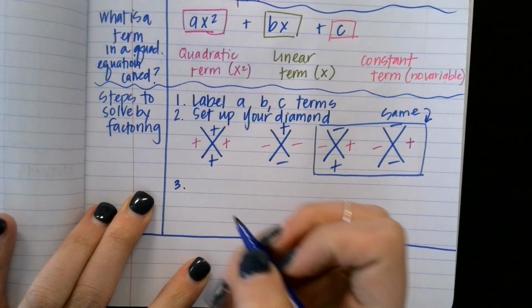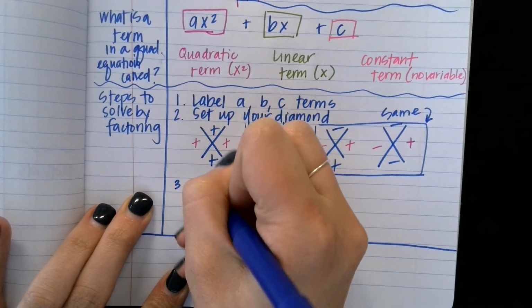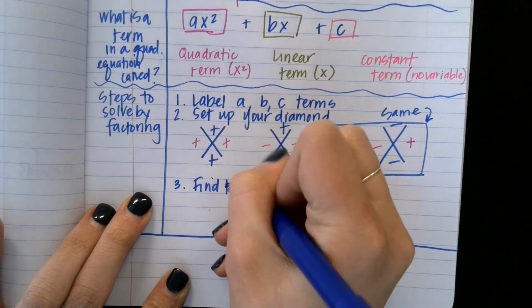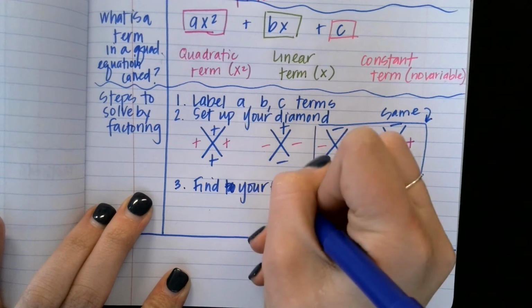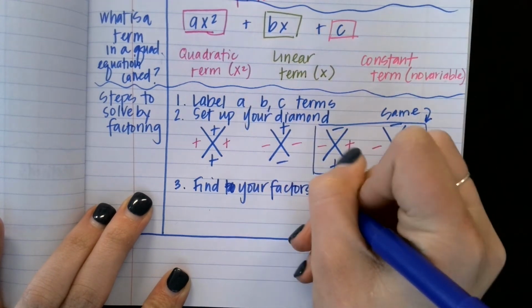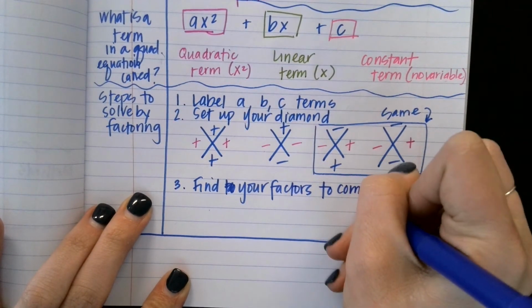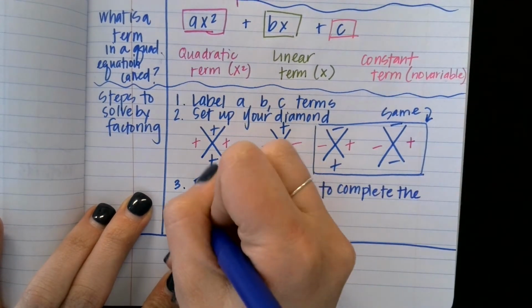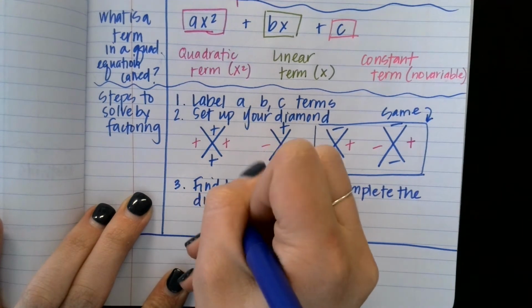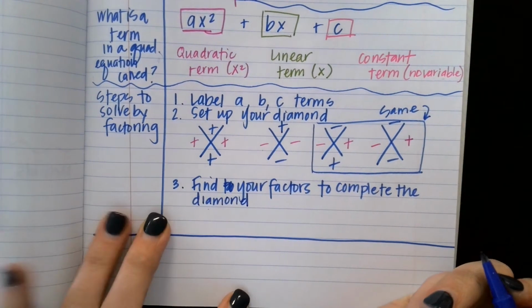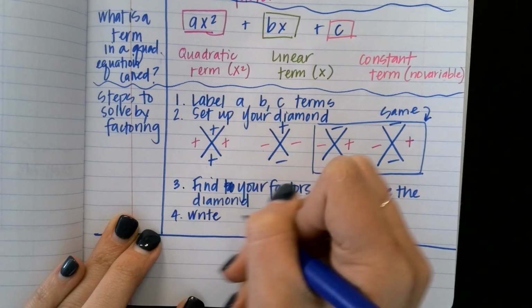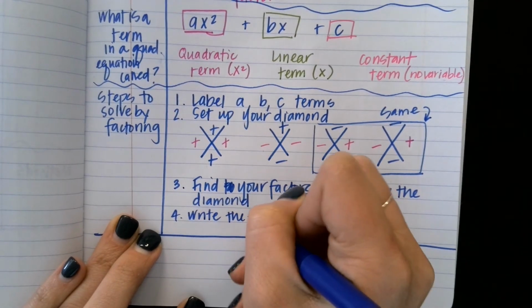Step 3 is to find your factors to complete the diamond. Number 4, write the factors.